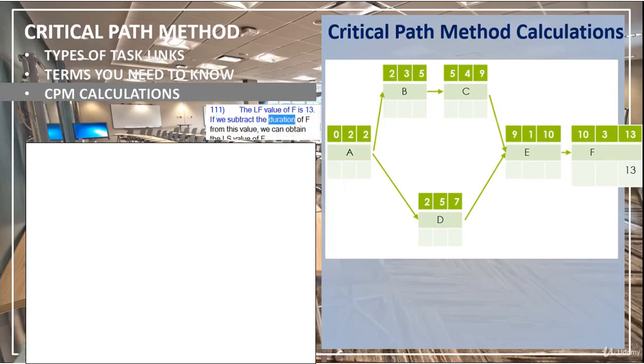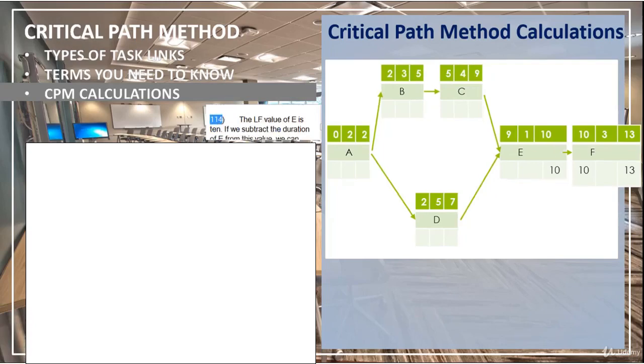If we subtract the duration of F from this value, we can obtain the LS value of F. Therefore, the LS value of F will be 13 minus 3, which equals to 10. This value is also equal to the LF value of E. The LF value of E is 10.